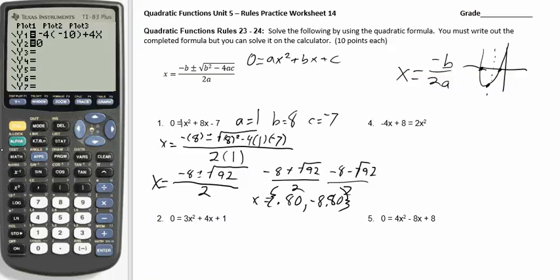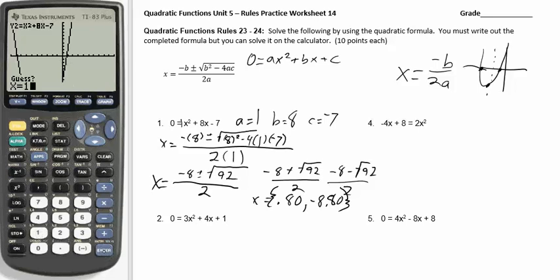So if I go and I put this in the calculator, and I have 0 equals x squared plus 8x minus 7, and I look at my graph, there's my two answers. If we use this other method, second, calculate, intersect is 5, enter, enter.